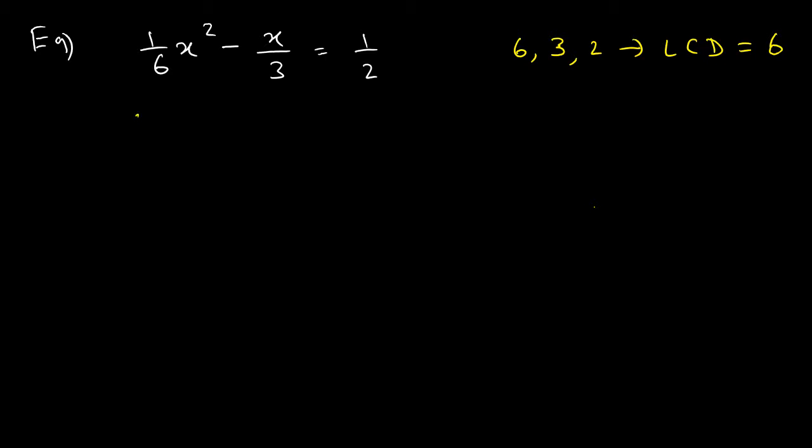So it is 6 times 1 over 6 x squared minus 6 times x over 3 equals 6 times 1/2. You multiply each term by 6. There is some simplification going on here: this gets cancelled and this cancels, so you get 2, and this cancels and you get 3.